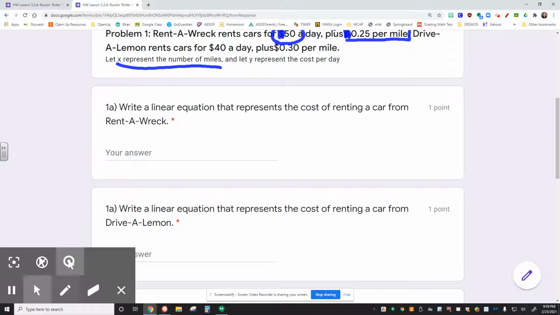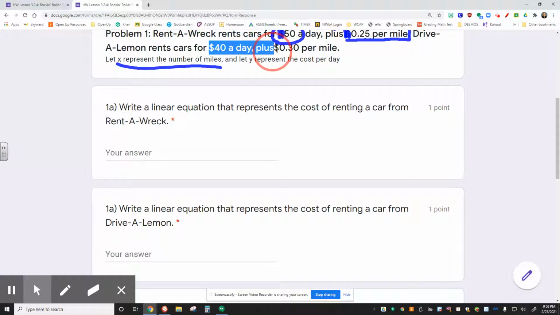Okay, well, I don't know what's going on with this, but Drive a Lemon talks about $40 a day plus 30 cents per mile. So again, it's a very similar situation to what you're writing with the other one. Start with how much money you're paying per day, and then add the 30 cents per mile. Remember what per mile represents in the situation that we're talking about, the letter X.